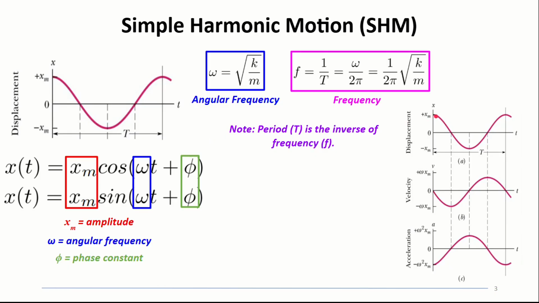And then, if you recall, if you know the displacement graph, you can figure out the velocity and the acceleration graphs by doing differentiation. If you take a cosine curve here, you'll get a sine curve like this. And then if you differentiate once again, you'll get another cosine-like curve as well.